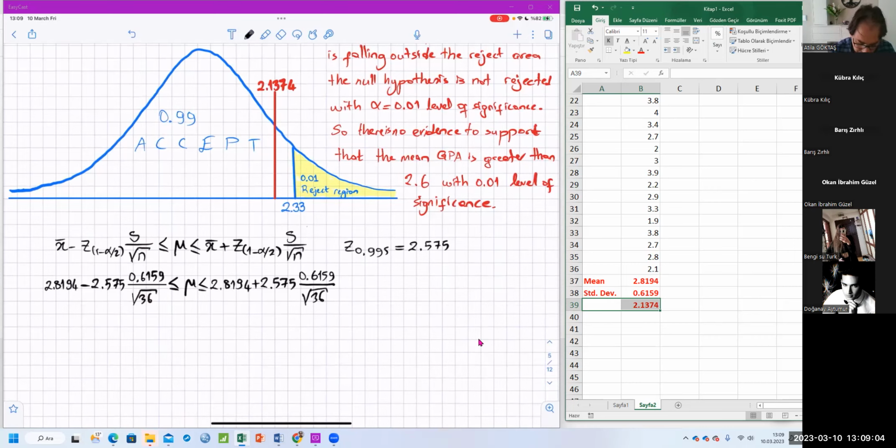The result is the lower bound is 2.5551, less than or equal to mu, less than or equal to the upper bound, which is 3.0837. So that's the confidence interval.